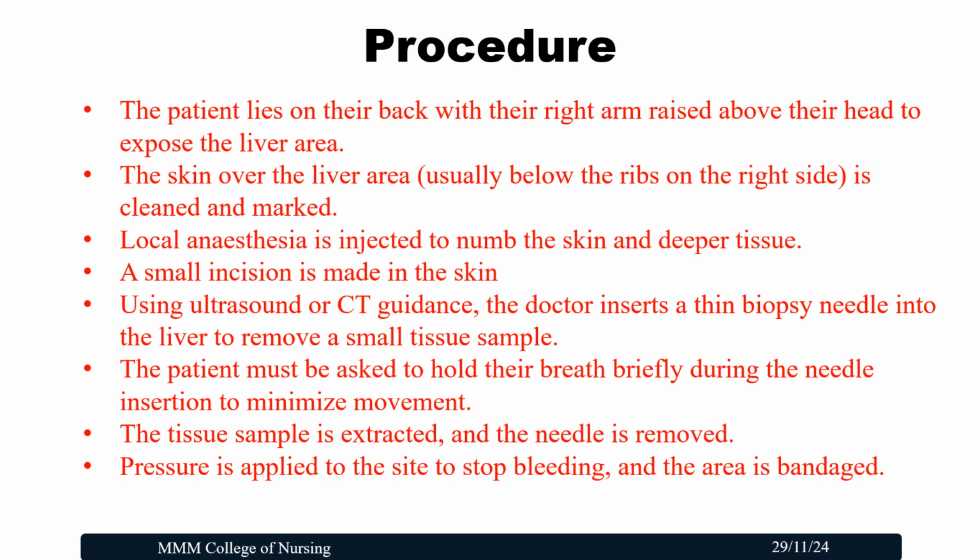Using ultrasound or CT guidance, the doctor inserts the thin biopsy needle into the liver to remove a small tissue sample. The patient must be asked to hold their breath briefly during the needle insertion to minimize movement, and the tissue sample is extracted and the needle is removed. Pressure is applied to the site to stop bleeding, and the area is bandaged.